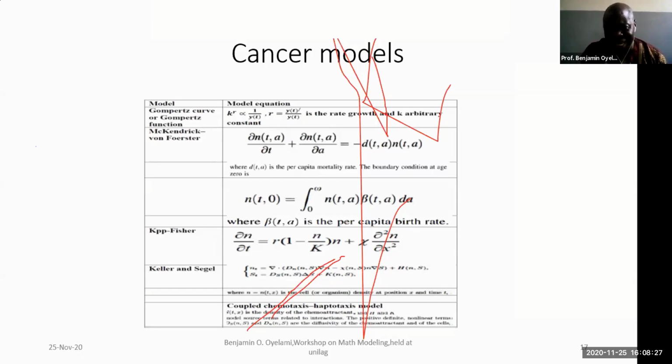This is an area very few people are working in, because you have to deal with a lot of discretization of big data, which you need to analyze. You need to use something like the Galerkin method and other things to study it. So this type of model is very, very, very useful.